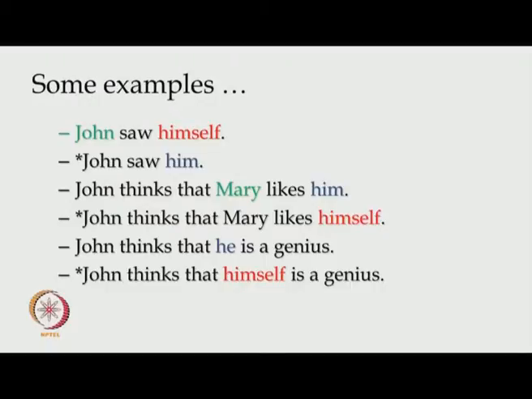Principle A for anaphors, principle B for pronouns, principle C for R expressions. Okay. We saw these examples where we know John is an R expression, himself is a reflexive, him is a pronoun.